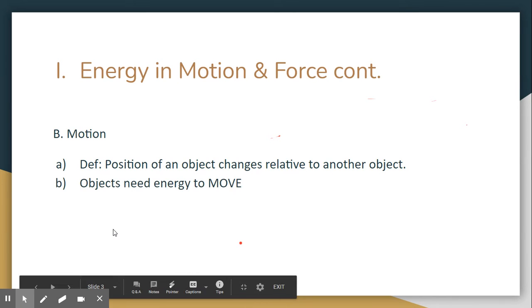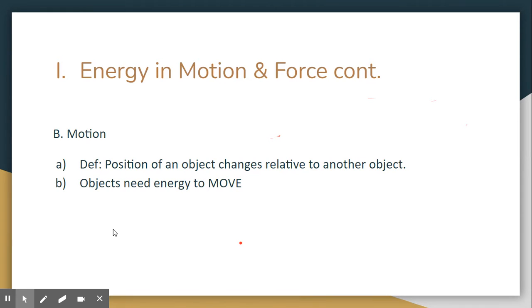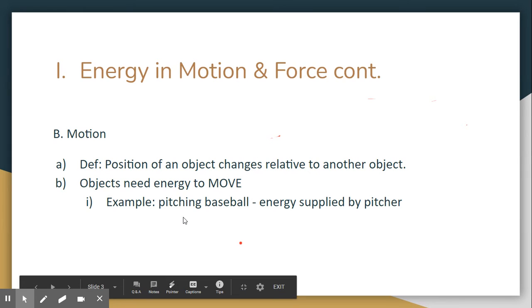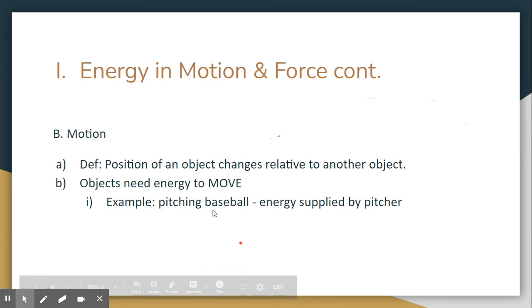Okay, and so objects need energy to move. So we're moving into that relationship between energy and motion and then those forces. If an object's going to move, it has to change its position relative to some other object. It's going to need energy to move. For example, if you have somebody pitching a baseball, it needs energy for that baseball to move.